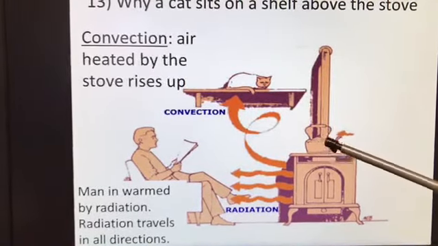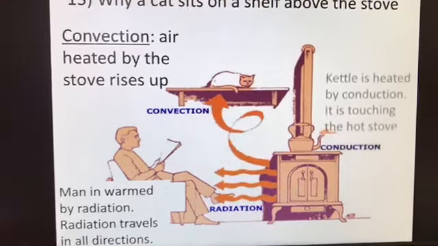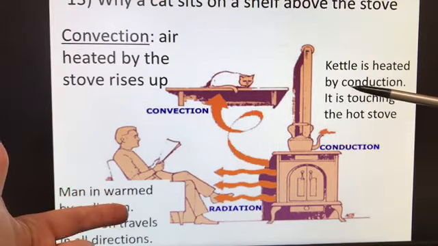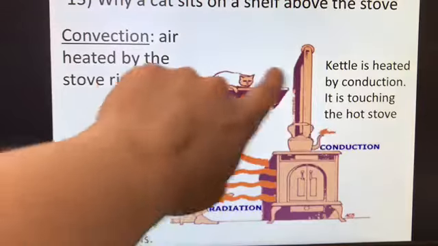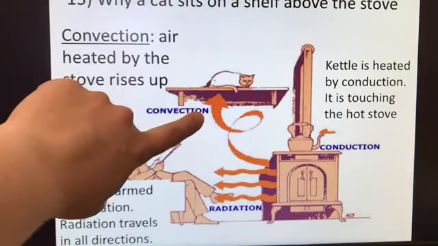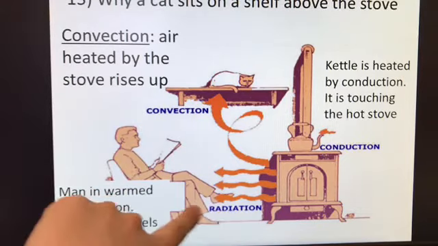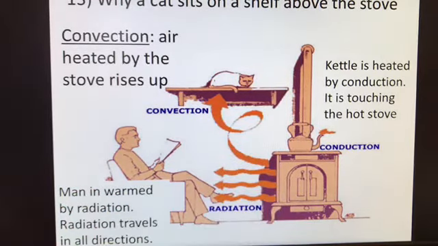And then we have here the teapot, the kettle, on the stove. And the kettle is being warmed by conduction because it's touching the stove. Now these you don't have to add to your worksheet, just extra examples there. So this picture actually gives us all three. Convection from the cat, the hot air rising to reach the cat. Radiation, the man sitting next to it gets warmed. And conduction, the kettle gets hot because it's touching the stove.